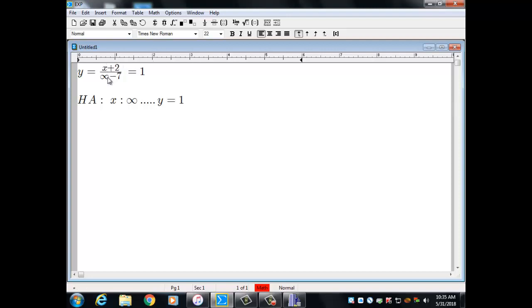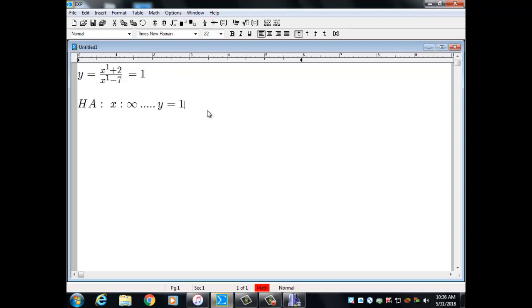And so what we end up looking at when we're dealing with horizontal asymptotes, what I'm interested in is the exponents. The exponents become a critical piece of how I deal with the horizontal asymptote. Okay?